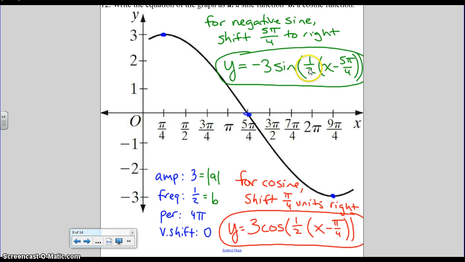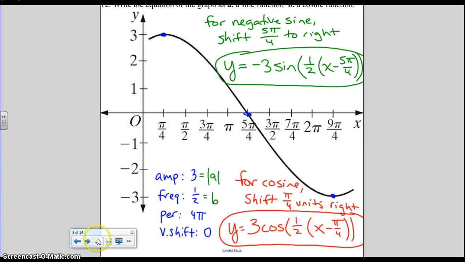Sine, I've got my B value, and then x minus, because I'm going to the right, 5 pi over 4. For cosine, positive cosine would start right up here, right? That's our purple dot. It's pi over 4 to the right. It's a positive 3, and everything else stays the same.